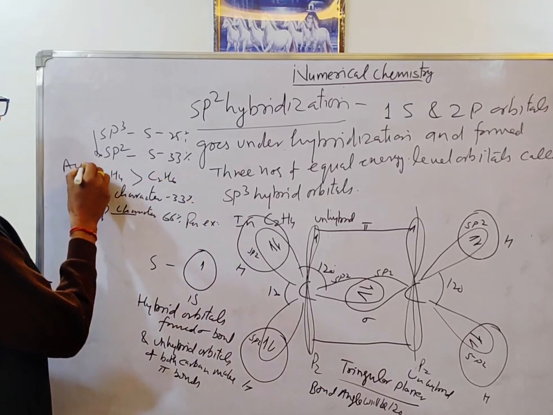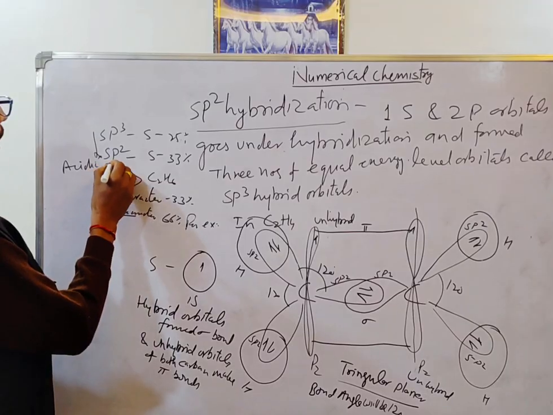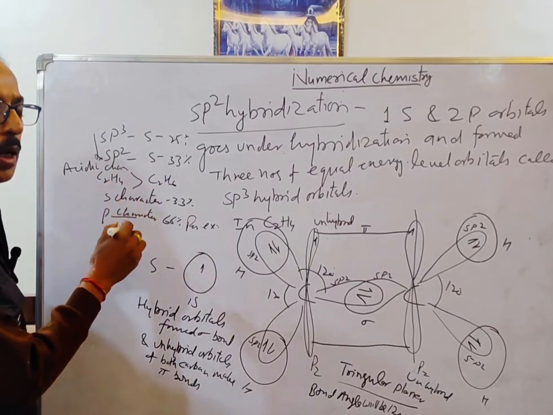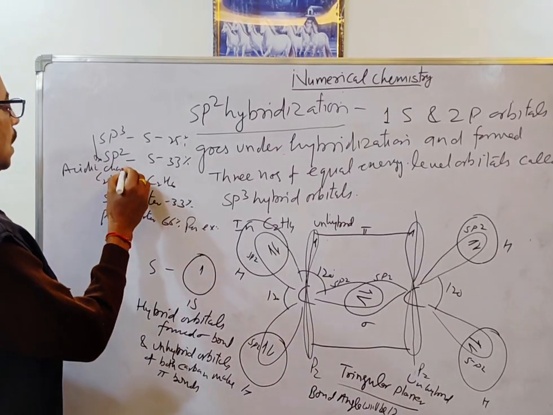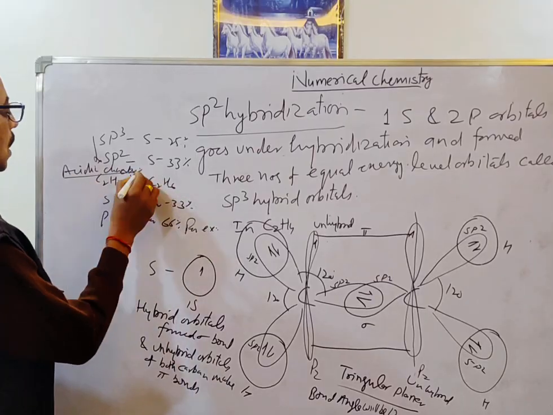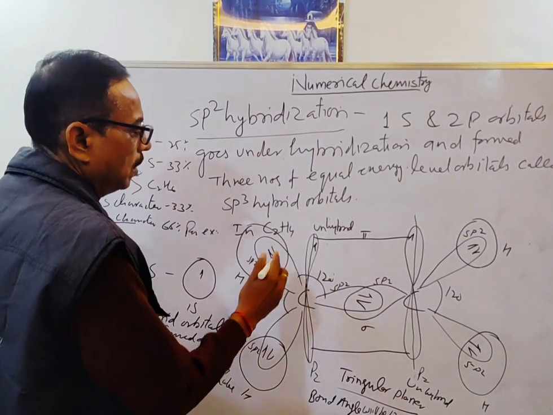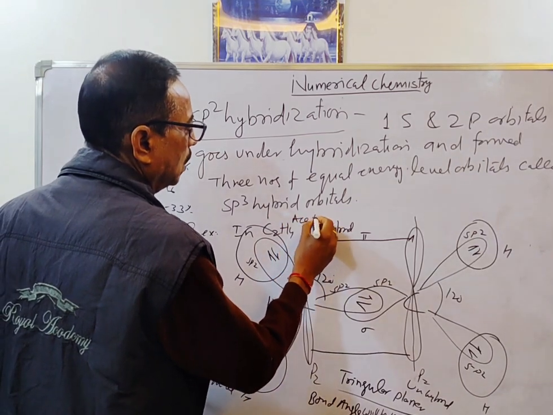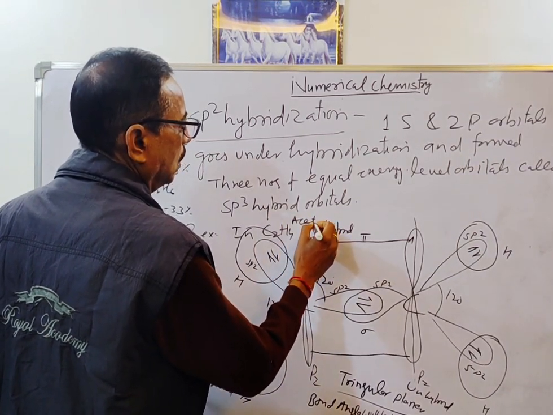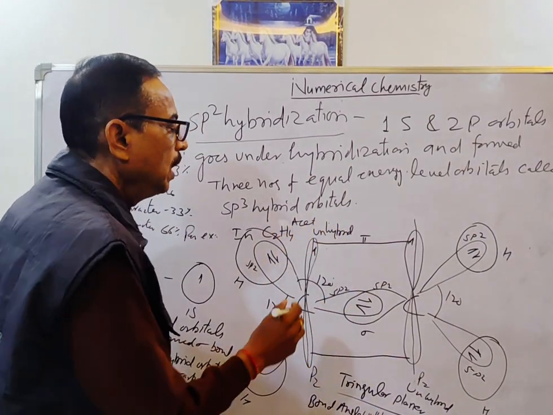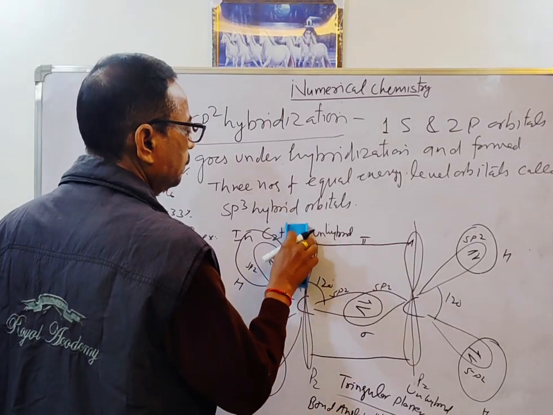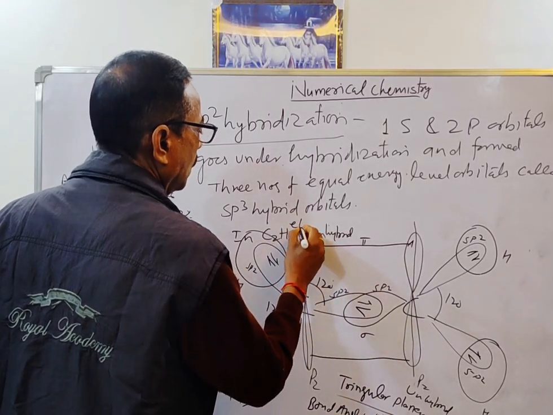Acidic character means the hydrogen available for ionization. Acidic character of acetylene, this is acetylene, and C2H4, ethylene, you can say.